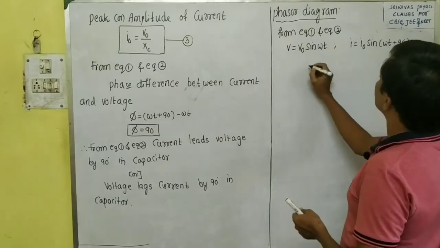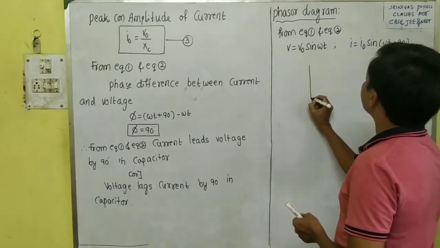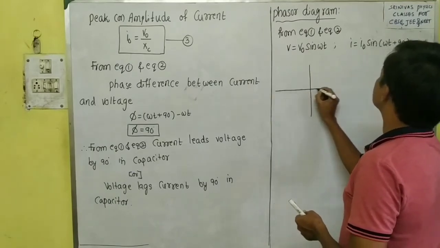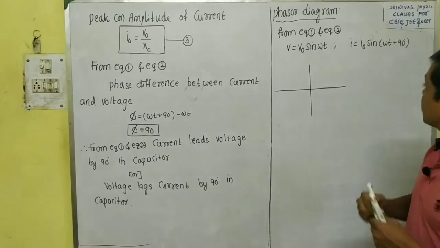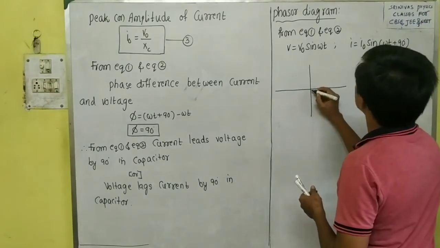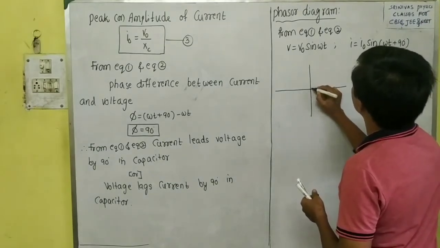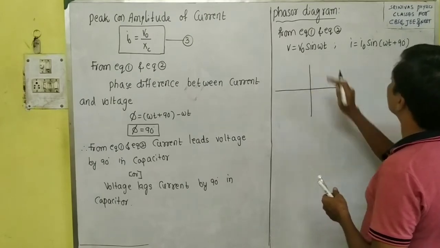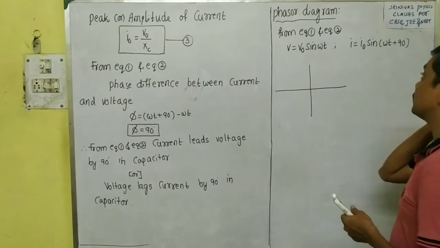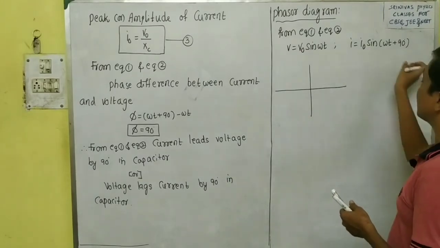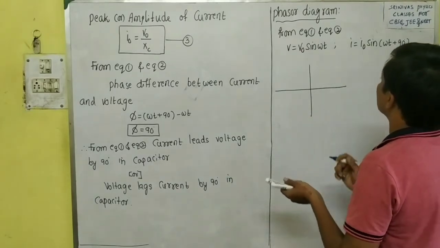Now we can draw the phasor diagram. This is just the x-axis and y-axis. And next I will take the voltage angle as omega t and the current angle as omega t plus 90. That means the current leads the voltage.